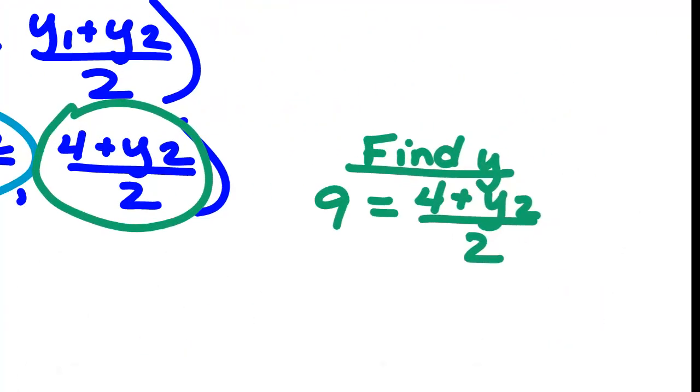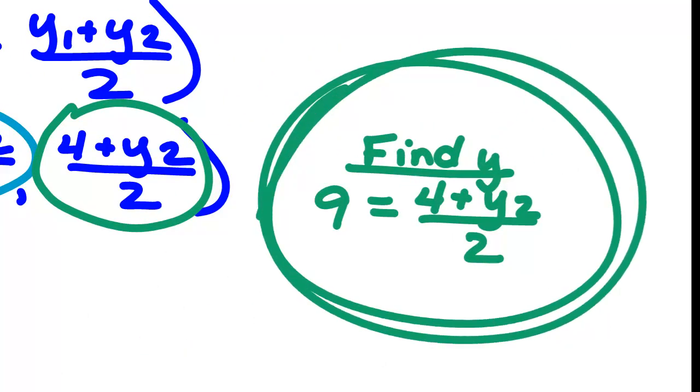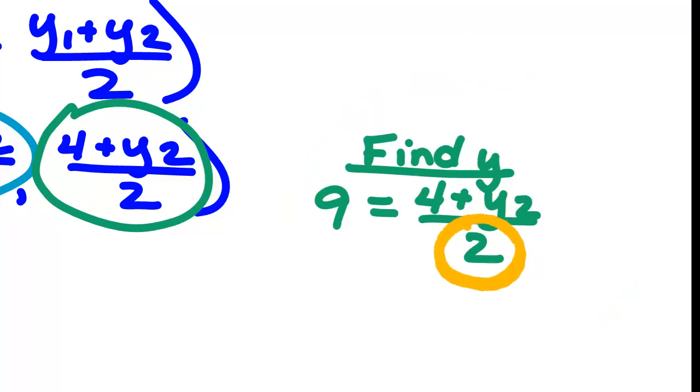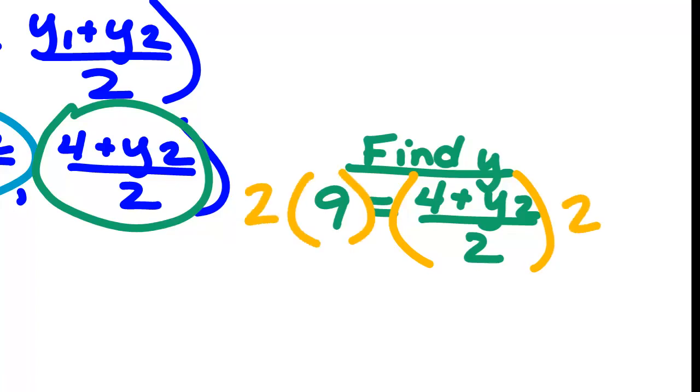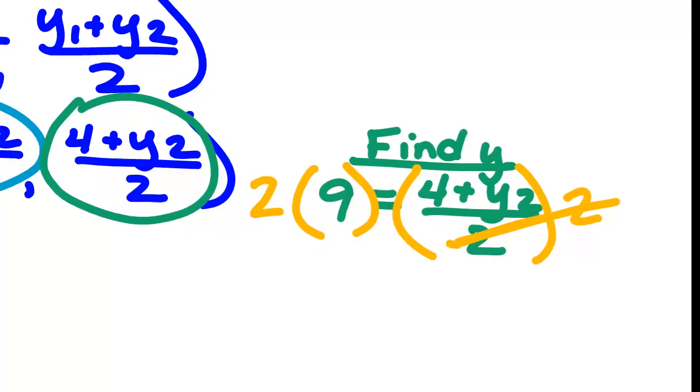And then we're going to come over and we're going to find our y. We're going to follow the same process. So the first thing I want to do is get rid of this denominator by multiplying by 2. And if you do it to one side, we have to do the exact same thing to the other side. The 2 in my denominator and the 2 out here cancel each other out. So my fraction is no more.